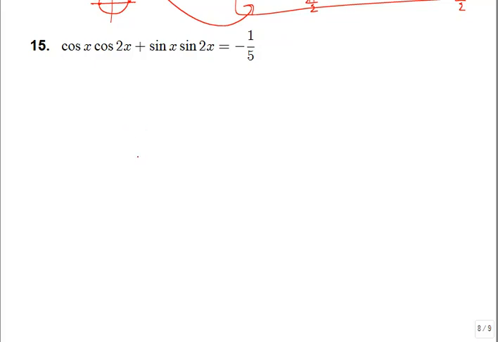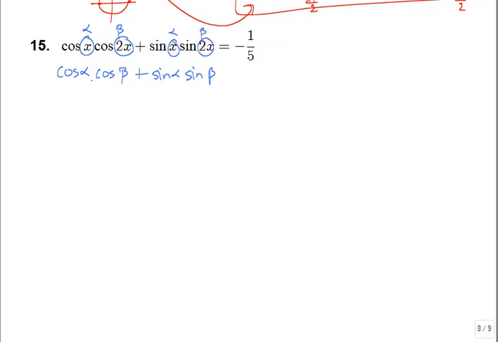What I want you to notice is the way that this left side is set up. This has the look of cosine alpha, cosine beta, plus sine alpha, sine beta, where this x is our alpha and this 2x is our beta.